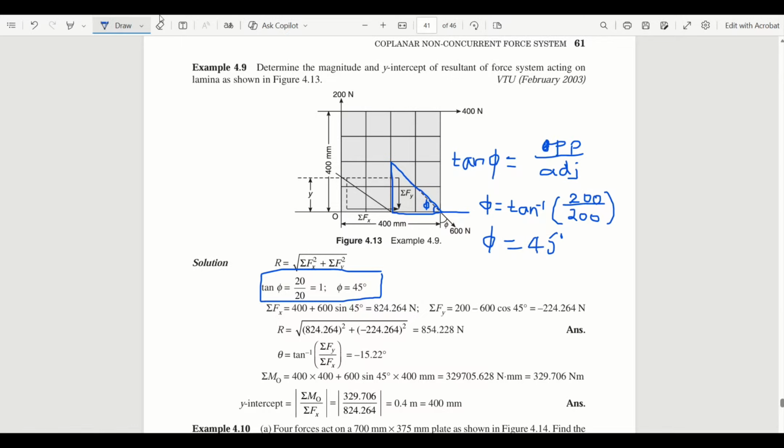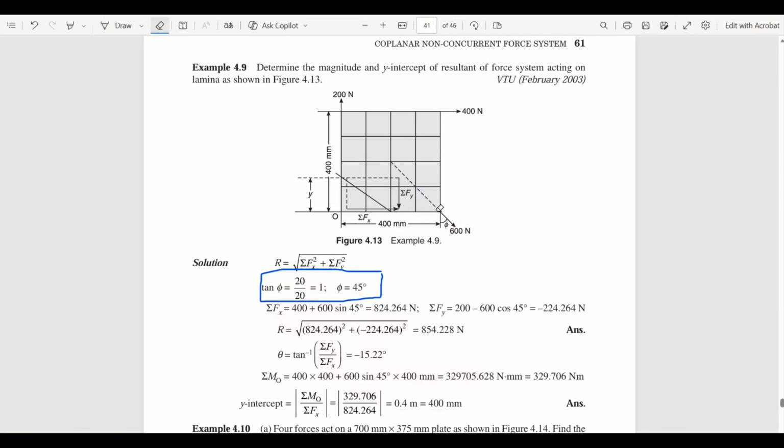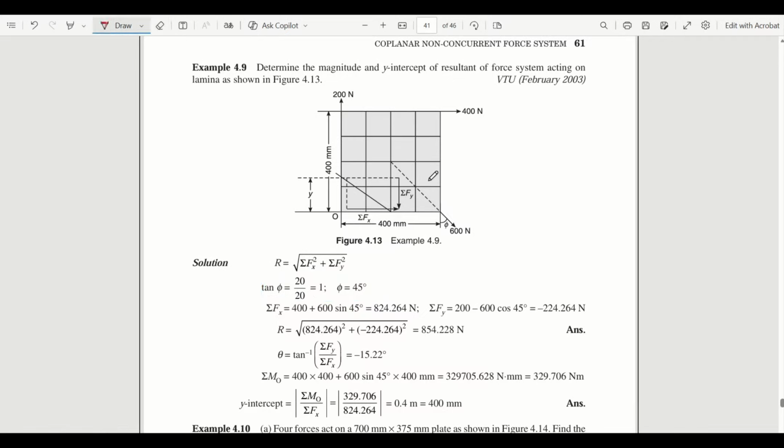I will erase it. Now you have to resolve this into horizontal and vertical components. If the resultant is like this, the horizontal component will be like this. So this is the vertical component and this is the horizontal component.